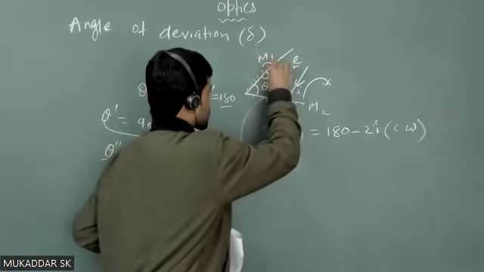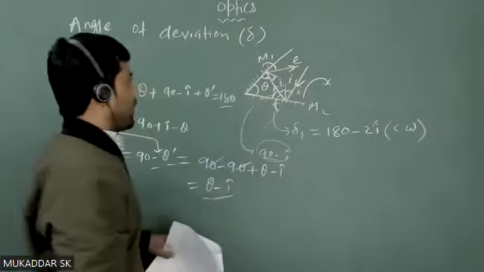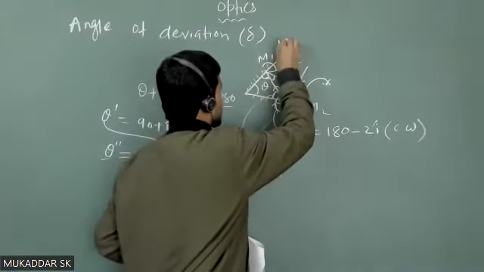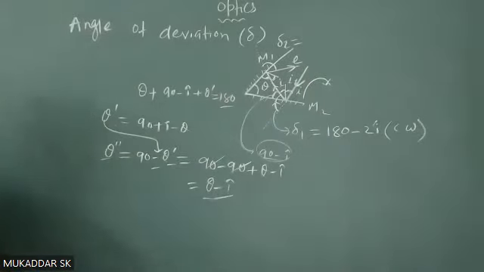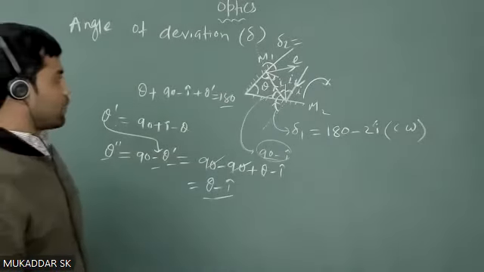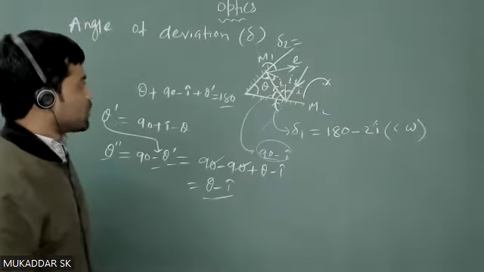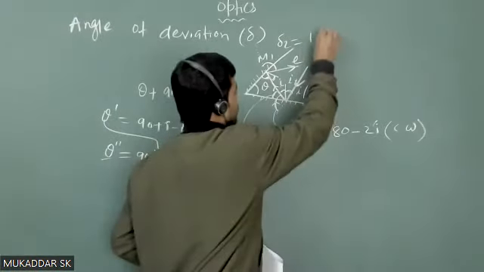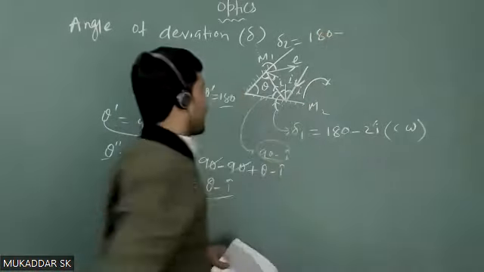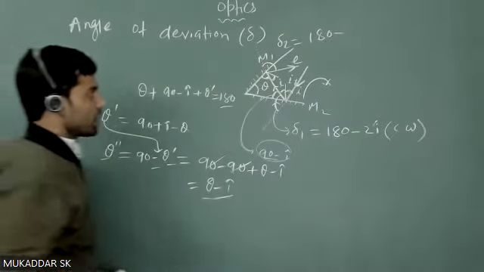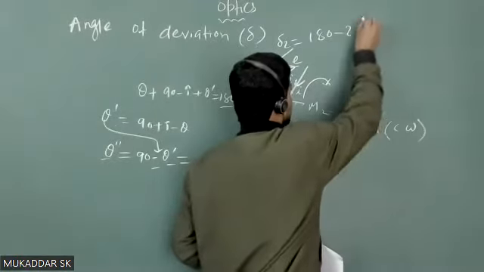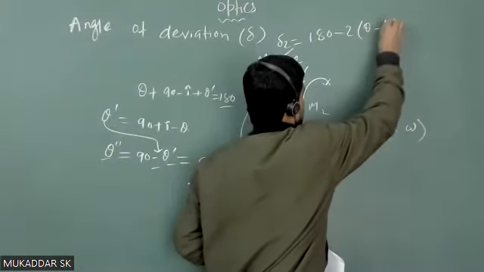Let us assume that the angle of deviation here is delta 2. So how much will be delta 2? Anyone? Again I'll use this formula: 180 minus 2 times the angle of incidence. The angle of incidence is theta double prime. It means twice of theta minus I.